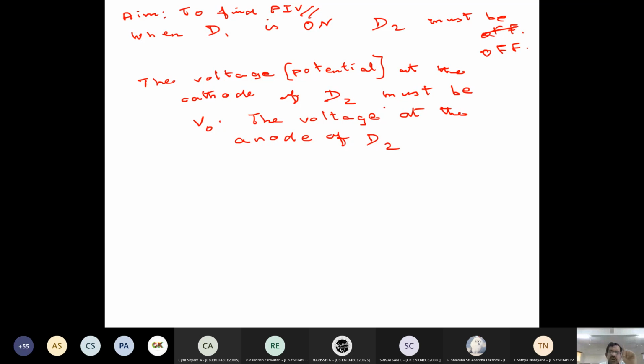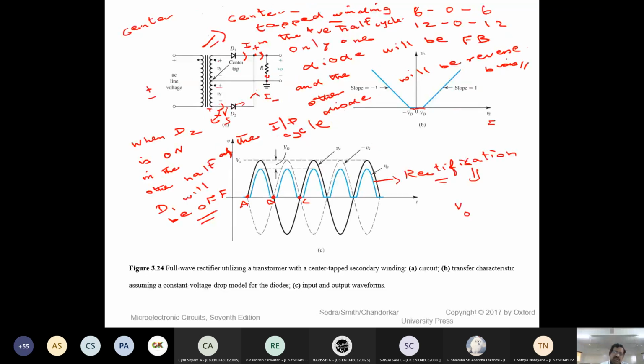That will tell what is the peak inverse voltage that the diode can withstand without entering into breakdown. So voltage at the cathode of D2 must be V0 when D1 is on, because of the way we have connected the circuit. This terminal, the cathode, is seeing this voltage. It is connected here, look at my marker. So that voltage will be seen at the cathode.